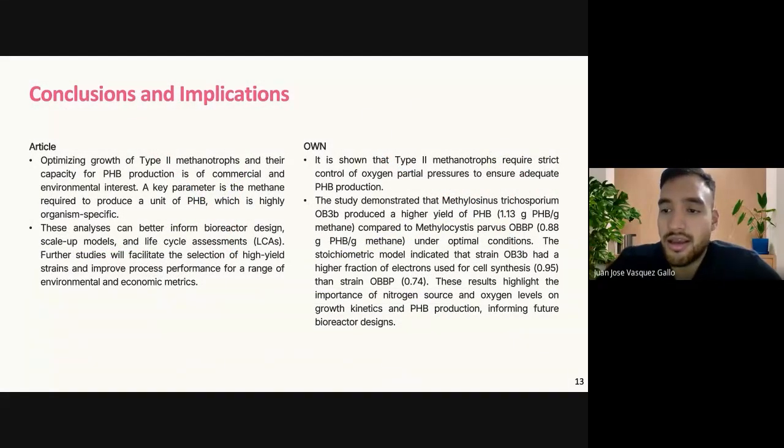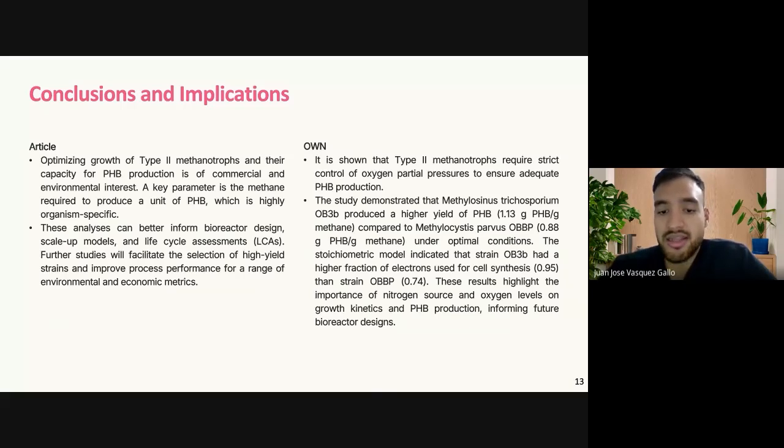Okay, taking in mind the results of the experiment, we have the conclusions of the article and our own conclusions. For the first one, optimizing the growth of type 2 methanotrophs and their capacity for PHB production is of commercial and environmental interest.